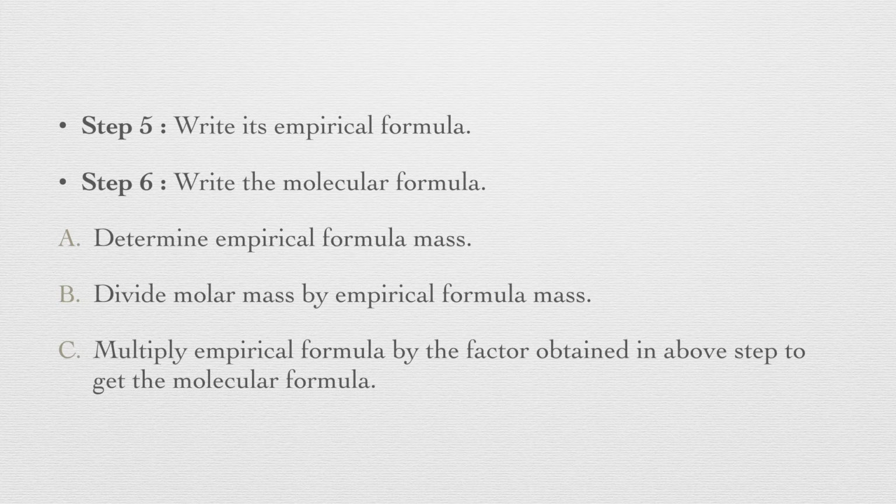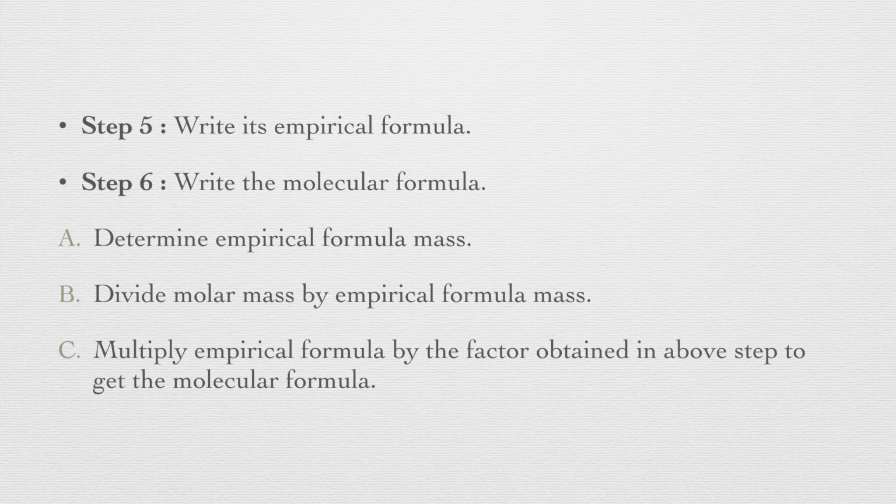Now for example, empirical formula, if my ratio of carbon, hydrogen and oxygen, I have taken that example. So carbon, hydrogen and oxygen, if say it comes out to be 1 is to 2 is to 1, then my empirical formula will be what?